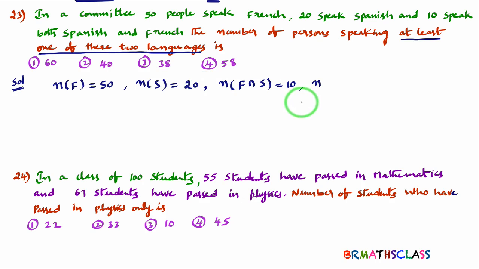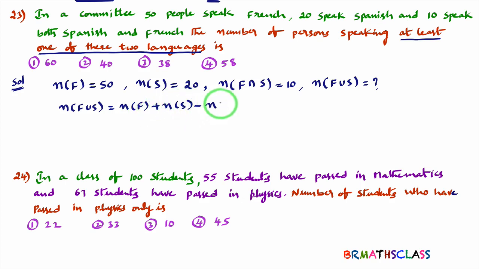Here we need to calculate F union S. We know the formula: N of F union S is N of F plus N of S minus N of F intersection S.